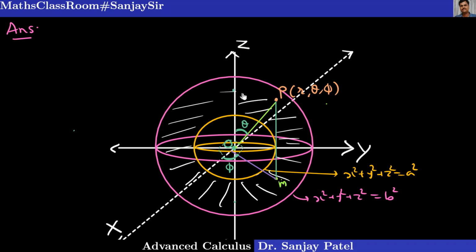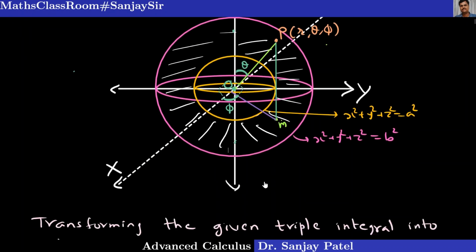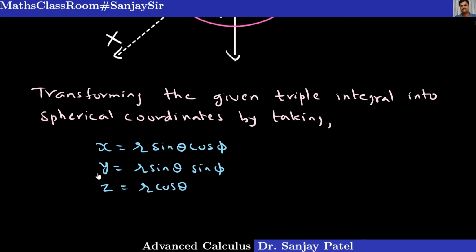If the point is here, then the angle between the line segment OP and the positive z-axis will be pi. So just note that in our case, 0 is less than or equal to phi less than or equal to 2 pi, and theta lies between 0 and pi.